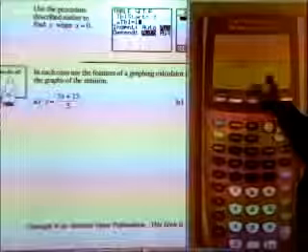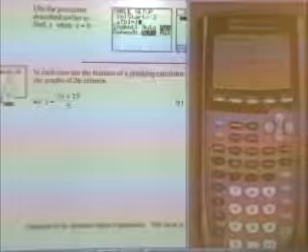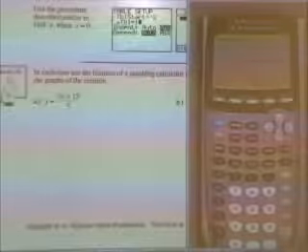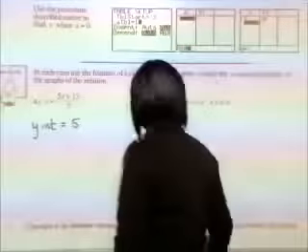How do I find the y-intercept? X equals 0. So I can press trace, 0, and enter. And what is y equal to? 5. So my y-intercept equals 5.